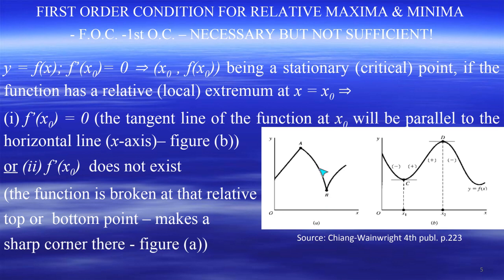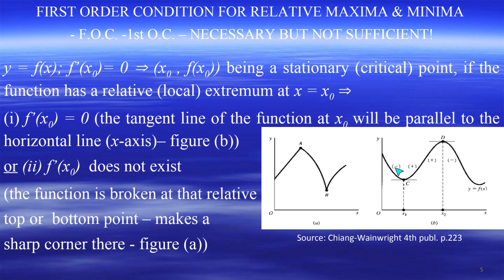At A and B, this function has no derivatives. It is continuous, but at the points A and B, the function has no derivative. Whereas at C and D, it has a derivative. The derivative is 0. You see, we can have two different cases.